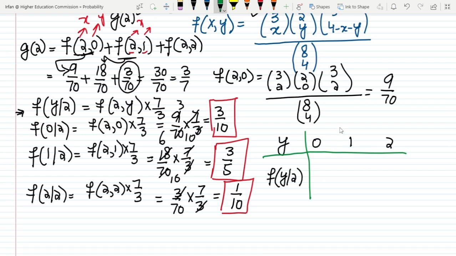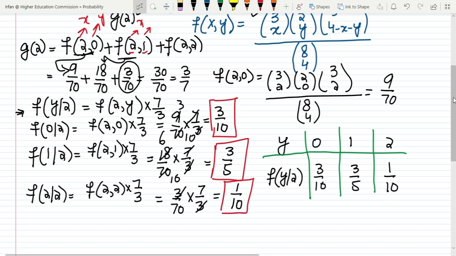Putting values here, for 0 I got 3 by 10, for 1 it was 3 by 5, and for 2 it was 1 by 10. Okay, so this was the solution of part A of our question.